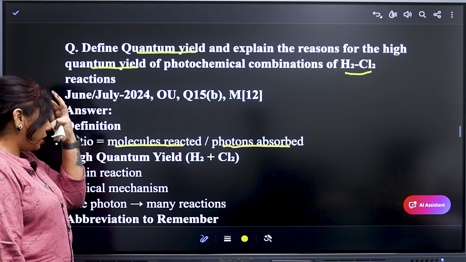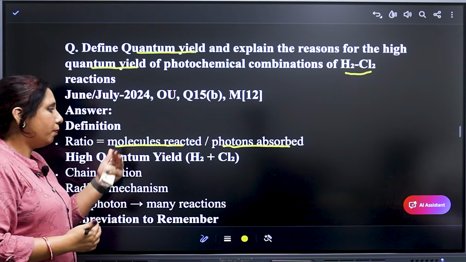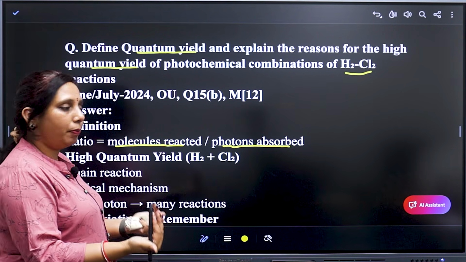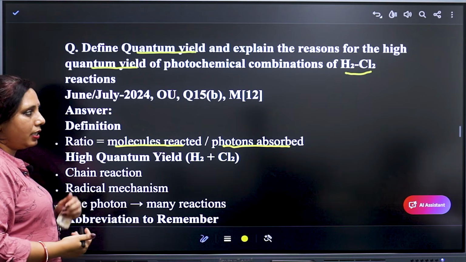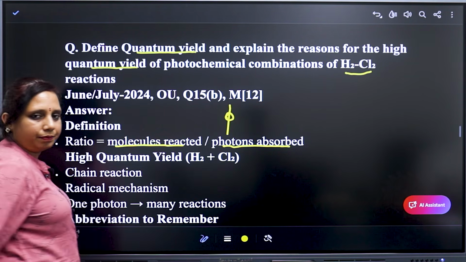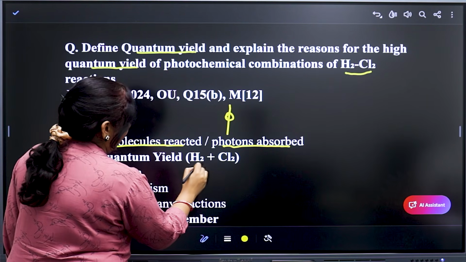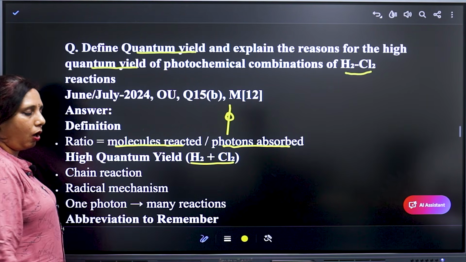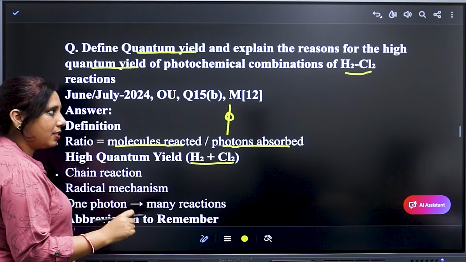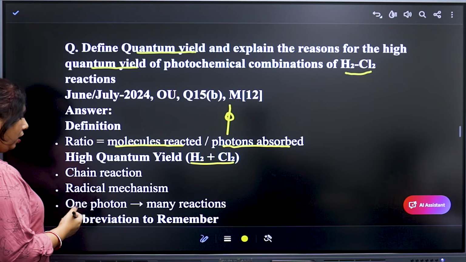So it is a fraction whose numerator is the number of molecules reacted and whose denominator is the number of photons absorbed by the reaction. That is quantum yield, denoted by this symbol phi. This reaction, especially the H2 and Cl2 photochemical combination, is a high quantum yield reaction. Why is it high? We are going to see.